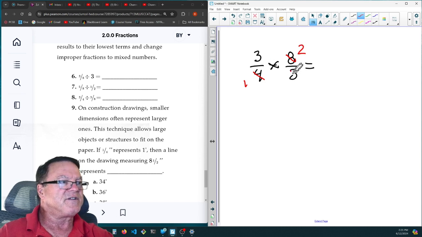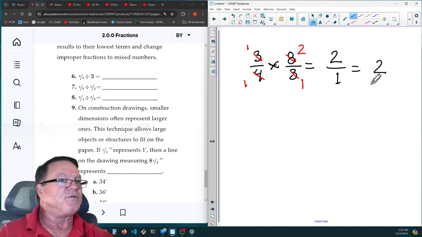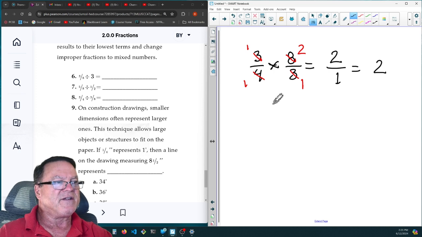And these 2 3's can cancel, becoming a 1 and a 1. So 1 times 2 is 2, and 1 times 1 is 1. So my answer is 2. In fact, we can kind of see that 3/4 divided by 3/8 is 2. You could put 3/8 into 3/4 twice.